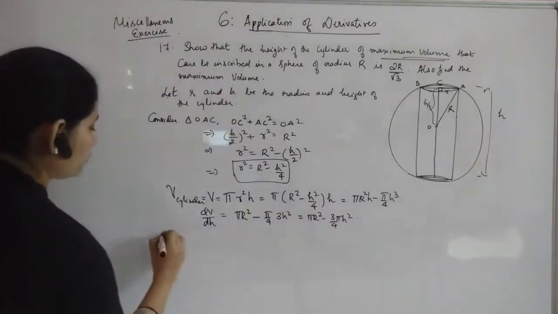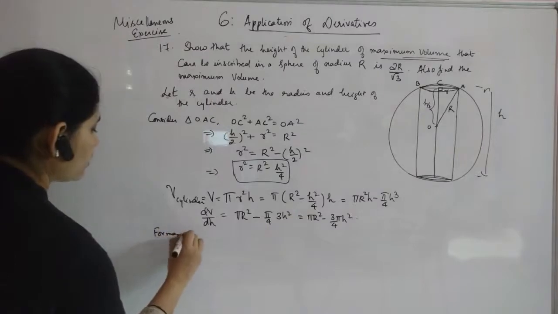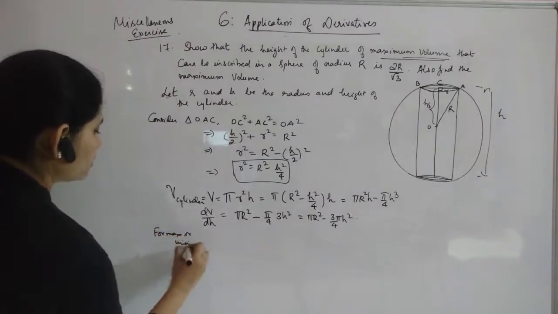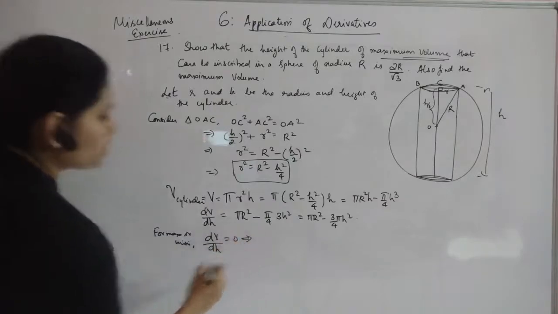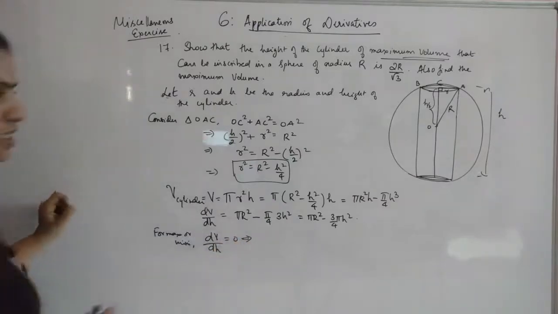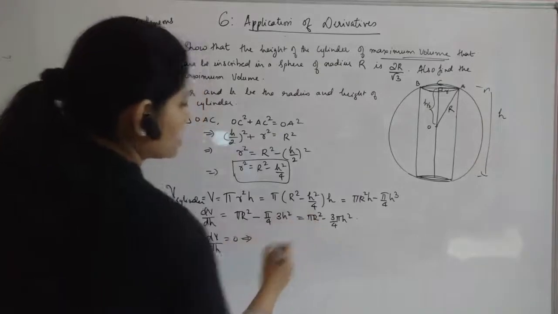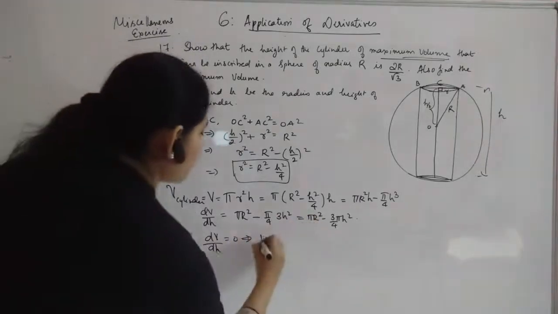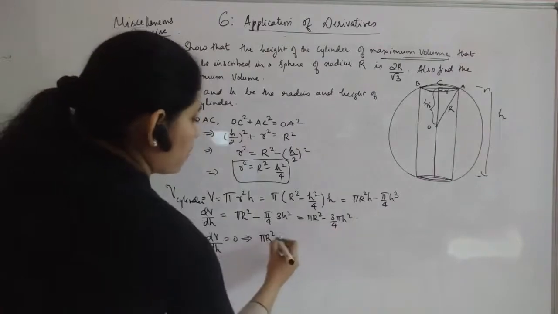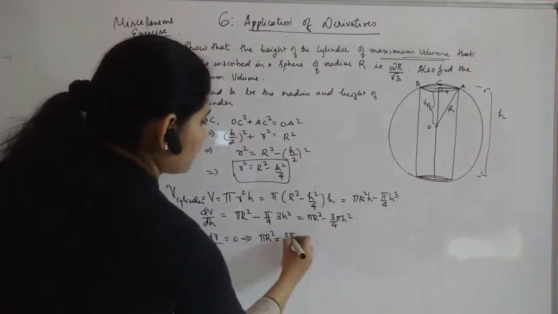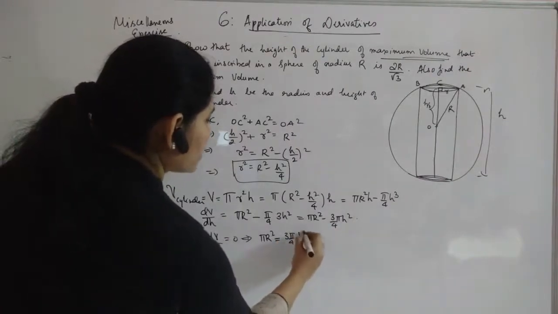Equating it to 0 for maximization or minimization, you have to equate it to 0. dV by dh equal to 0 will give you the critical point, the value of h at which the volume will be maximum or minimum. So you will get pi r square minus 3 by 4 pi h square equal to 0, or pi r square is equal to 3 pi by 4 h square.